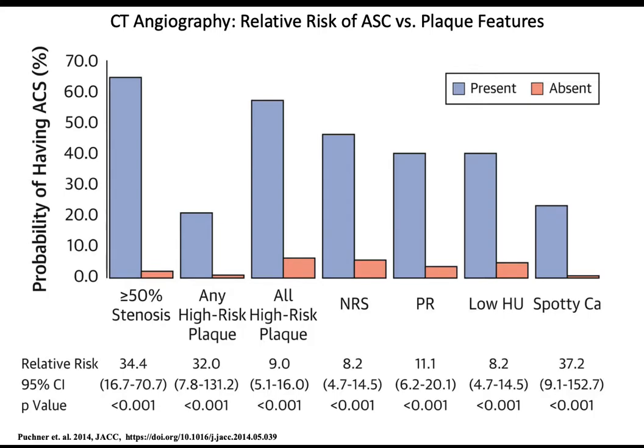You put this all together and see that a positive risk value can mean having a high percentage of stenosis, any high-risk plaque, or all high-risk plaques. Depending on how you define it, you can do your statistics slightly differently. So here is having a stenosis, having any of the high-risk features, having nothing but high-risk features, having positive remodeling, a low Hounsfield unit, or spotty calcium, and how your patients get distributed amongst those two populations.